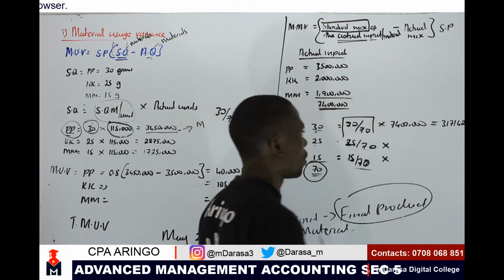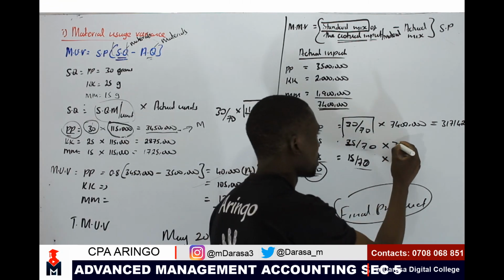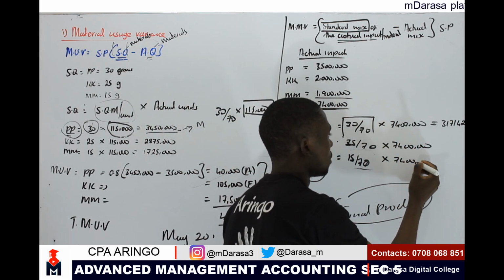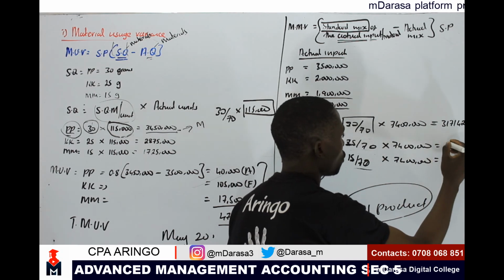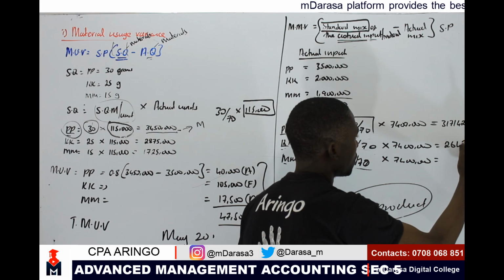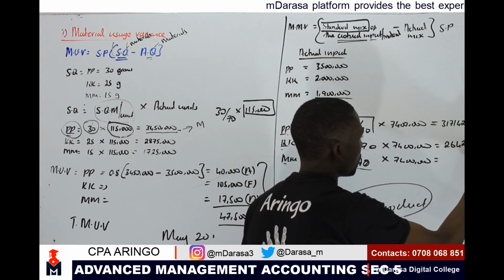What about the other one? The same case, 7,400. 2,6... 857.